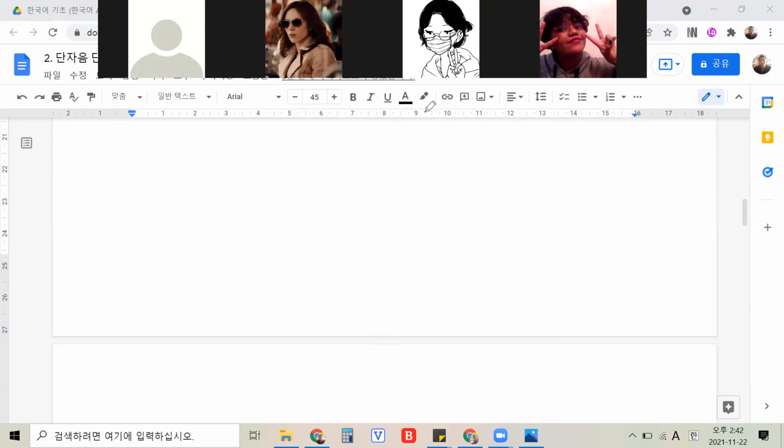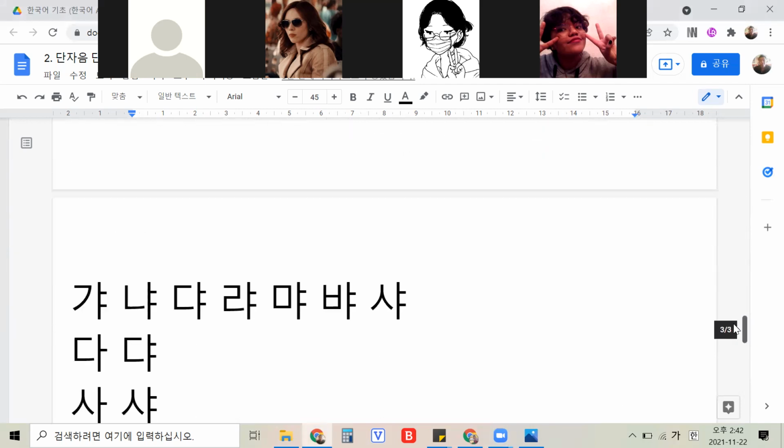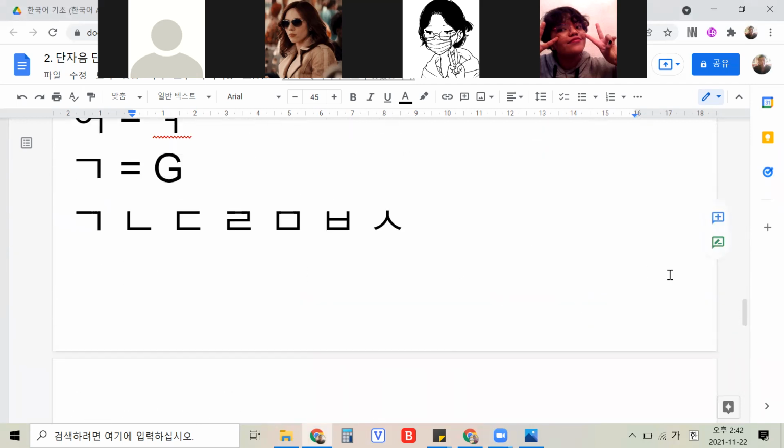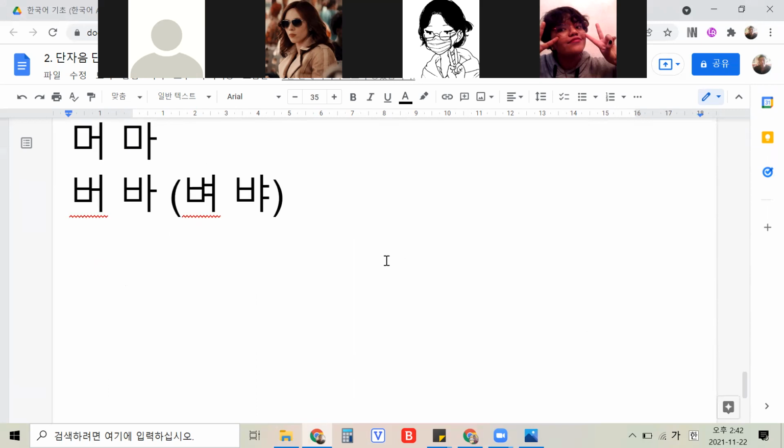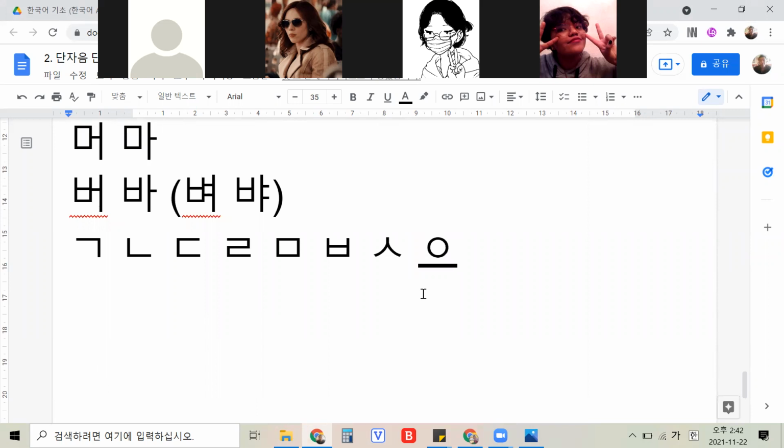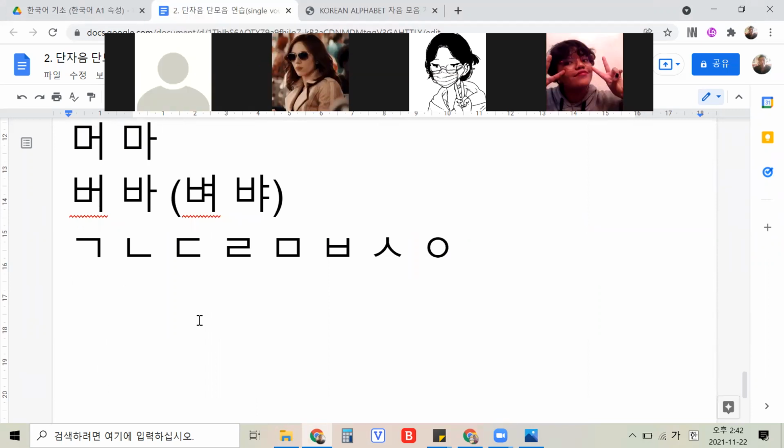Now, let me use more consonants. Okay, starting from here, let me copy those one more time. Now I'm going to add this O consonant as well. All right, Sarah Flores, your turn. Try to read those 4 syllables.